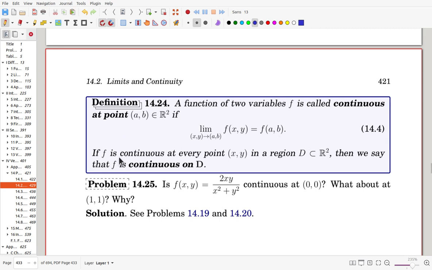If the function is continuous at every point in a region, the domain, then we say that f is continuous on the domain.